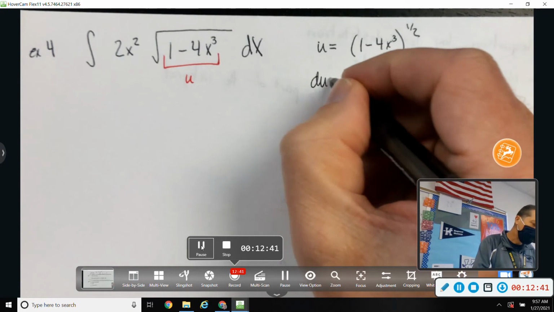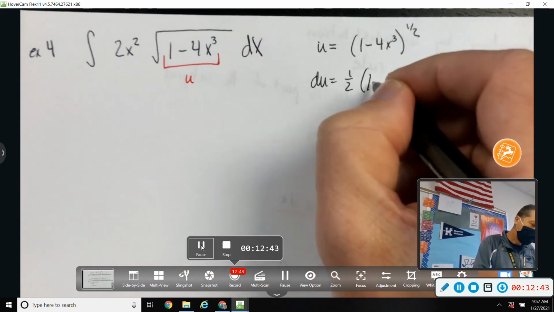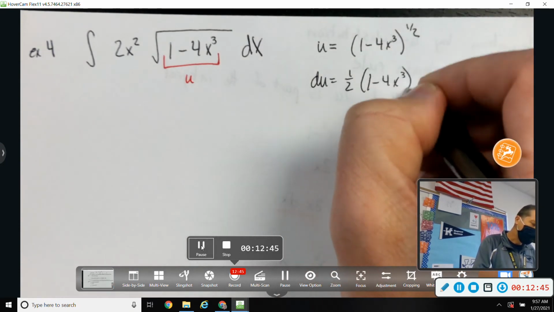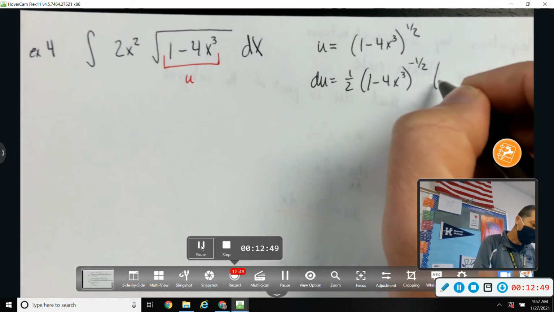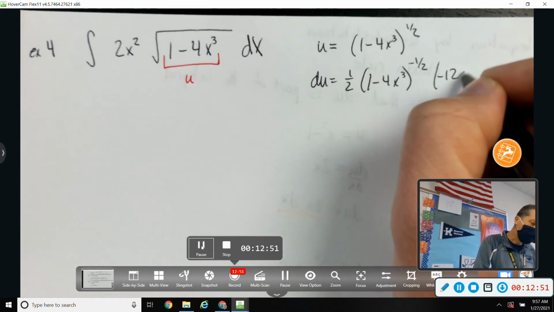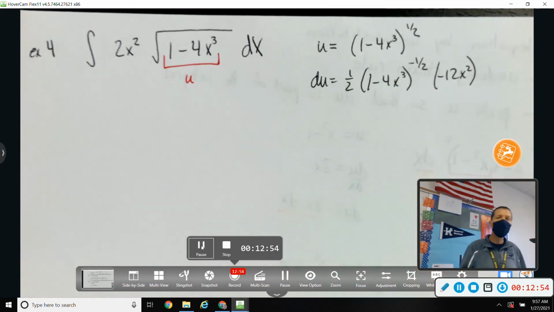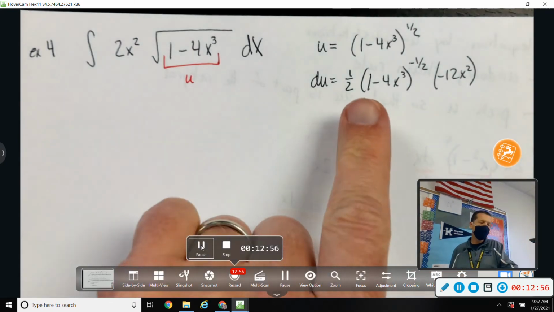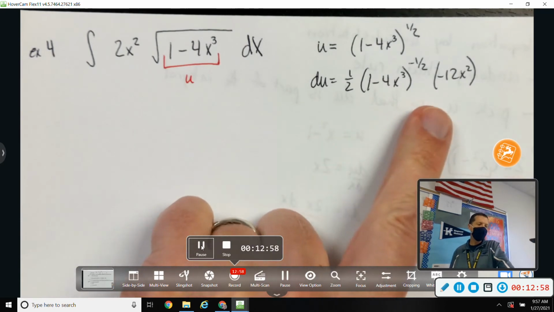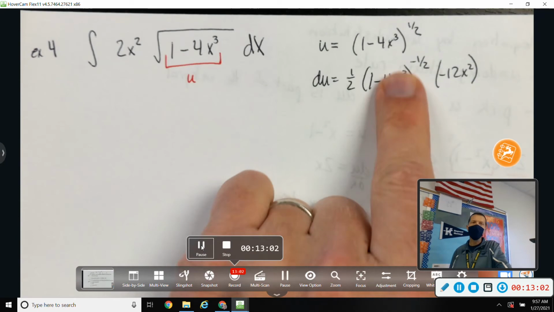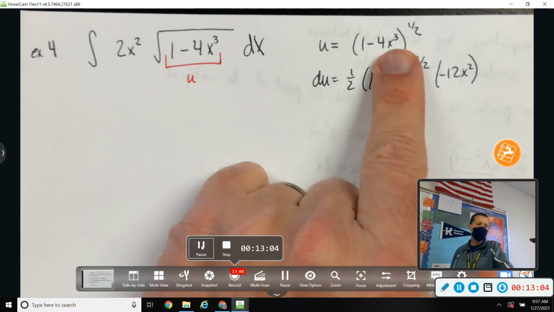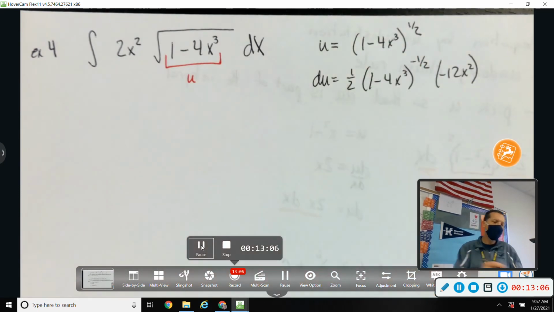Then du would be 1/2 times 1 minus 4x cubed to the negative 1/2 times, what would that be, negative 12x squared. So I see an x squared, so that's nice, but I don't see this thing anywhere. So that means we bit off a little too much for you on that problem.